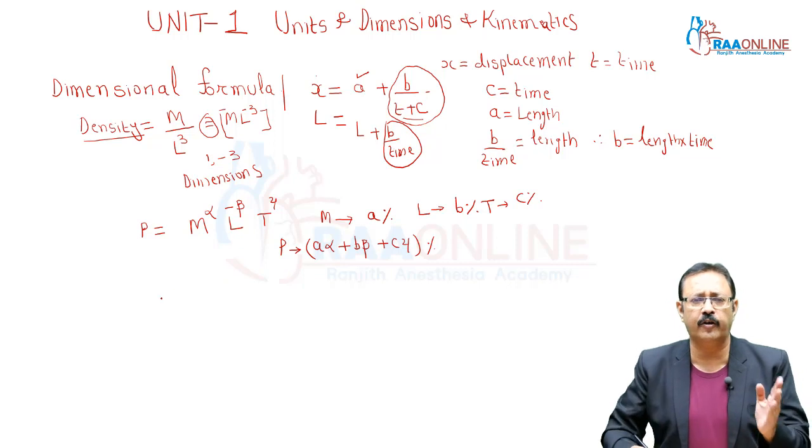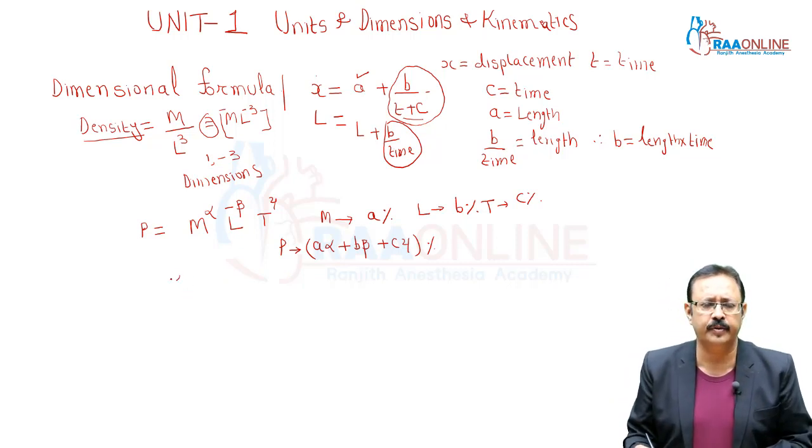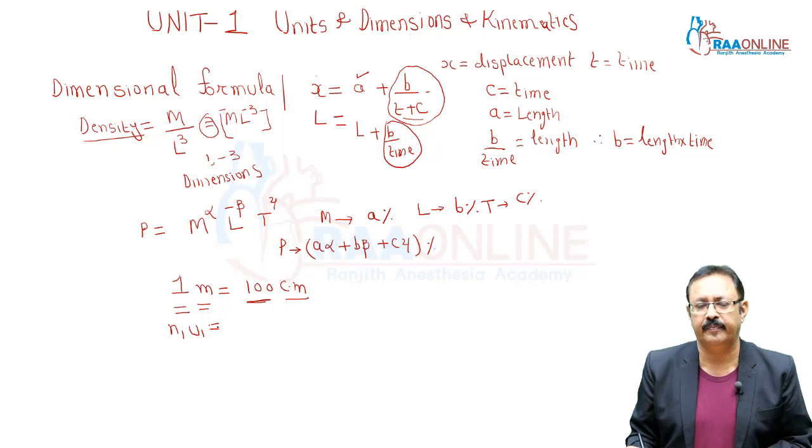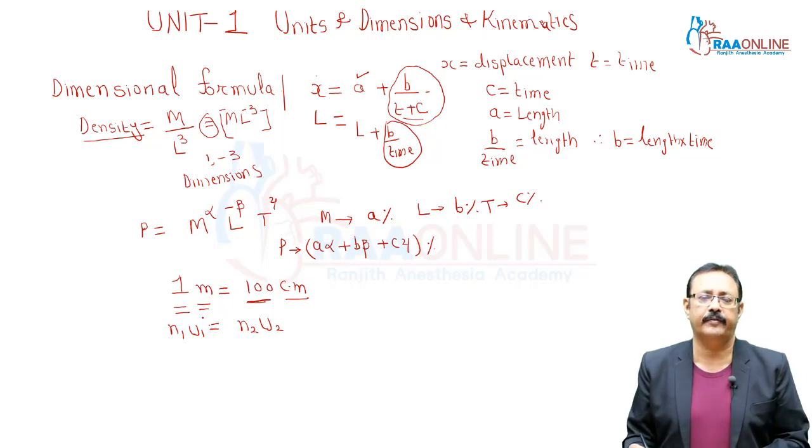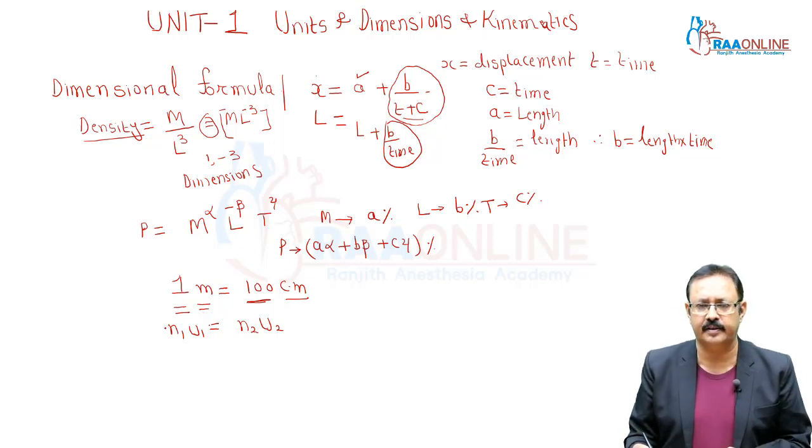And when we are converting from one system to another, you know that 1 meter is equal to 100 centimeter. What you can observe here is, if the unit is small, the number which is multiplying with the unit should be big. And if the unit is big, the number should be smaller. But in any case, the product of numerical value and unit should be the same. It is the concept behind this problem. If you are going to convert, take care of this.